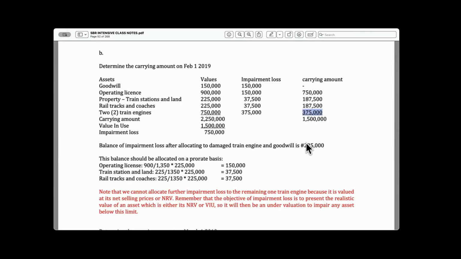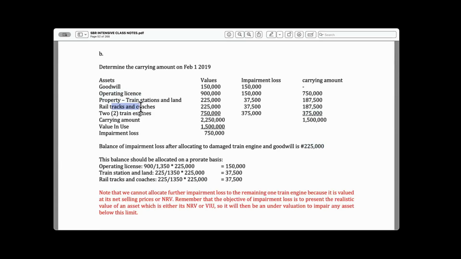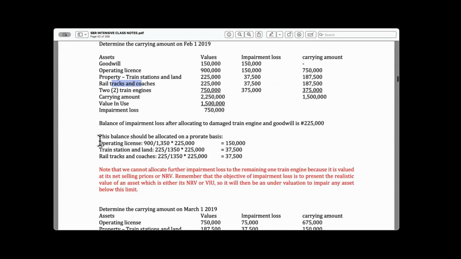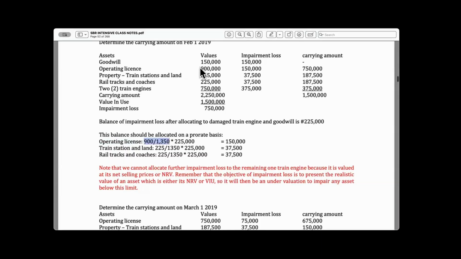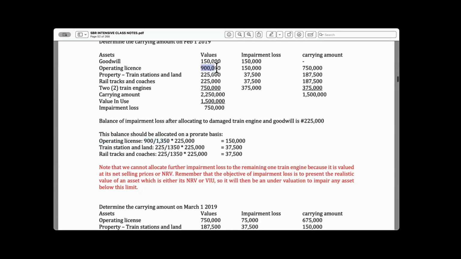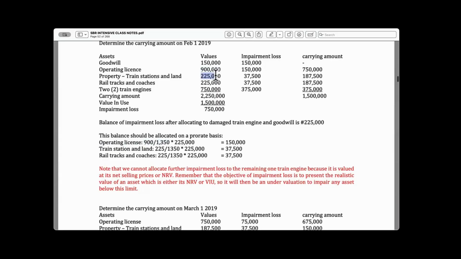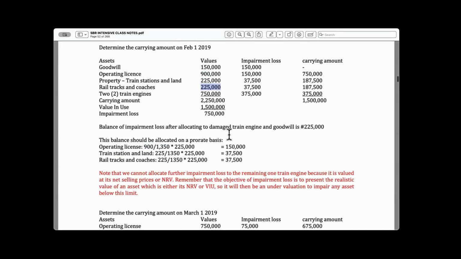And that is why this remaining 225, I allocated amongst the operating license, the train station, and the rail tracks on a pro rata basis. Look at it here. The operating license, I gave it 900 over 1350, and the 1350 is 900 plus 225 plus 225.